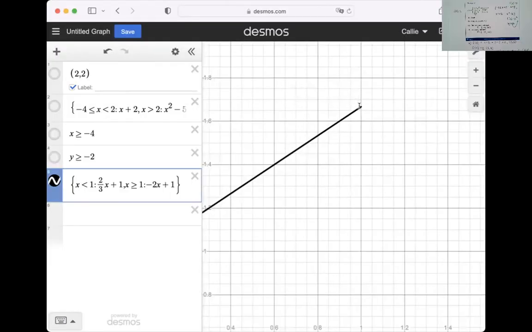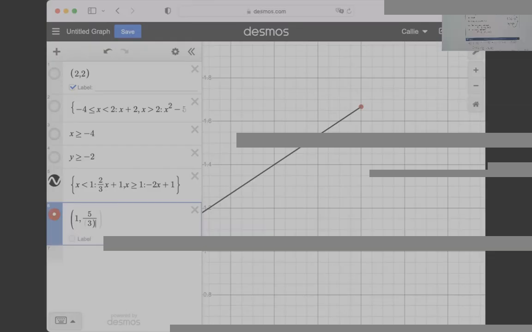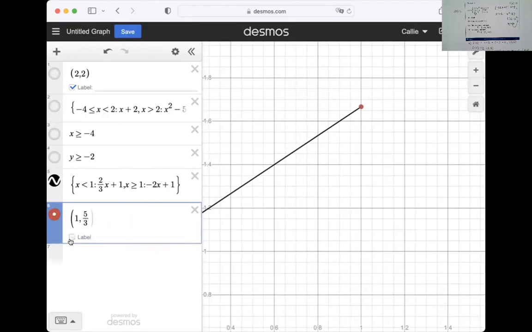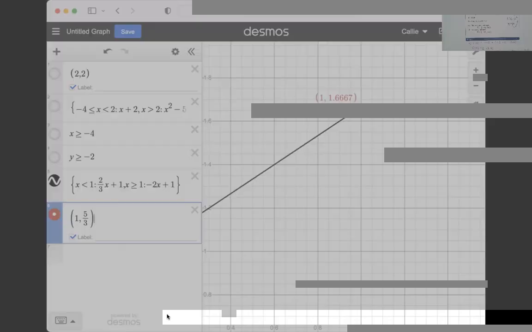But it's never going to fit there because it was x is less than 1. And so we found that when x is less than 1, y is 5/3. So at the point 1, 5/3, that doesn't exist. It's going to be below that.